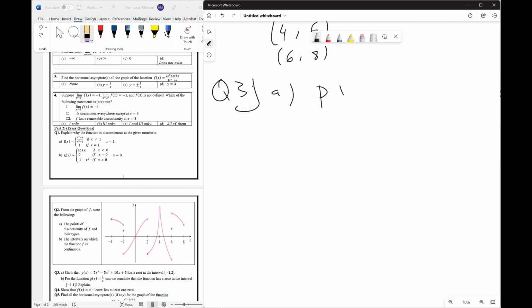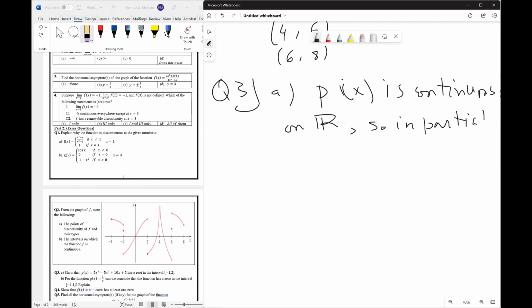The function p of x is continuous everywhere on all, so in particular on the given interval, which is -1, 2. This is the first condition, continuity. And then we need to compute p of -1 and p of 2. One of them is positive, the other is negative, so we can conclude.